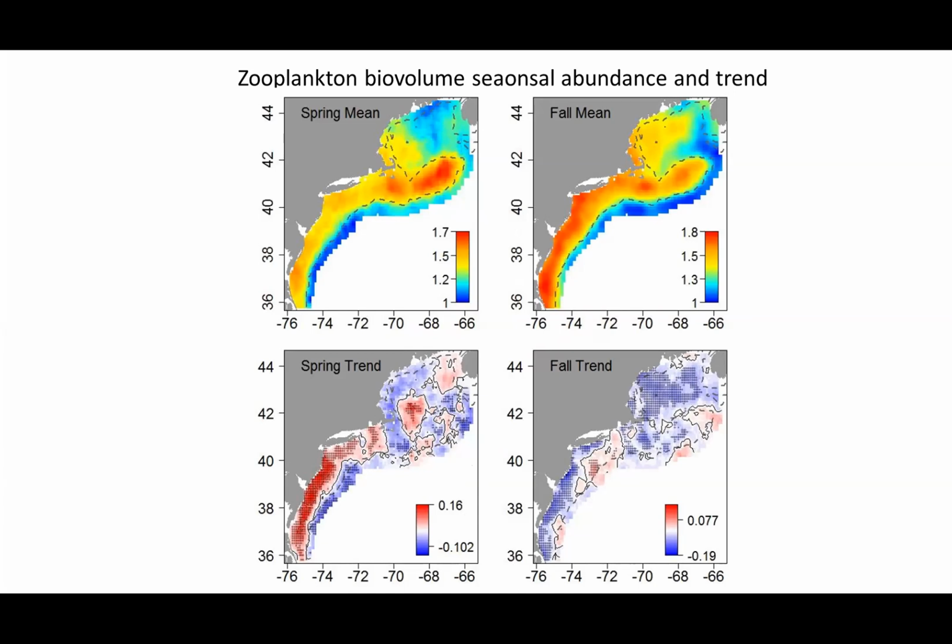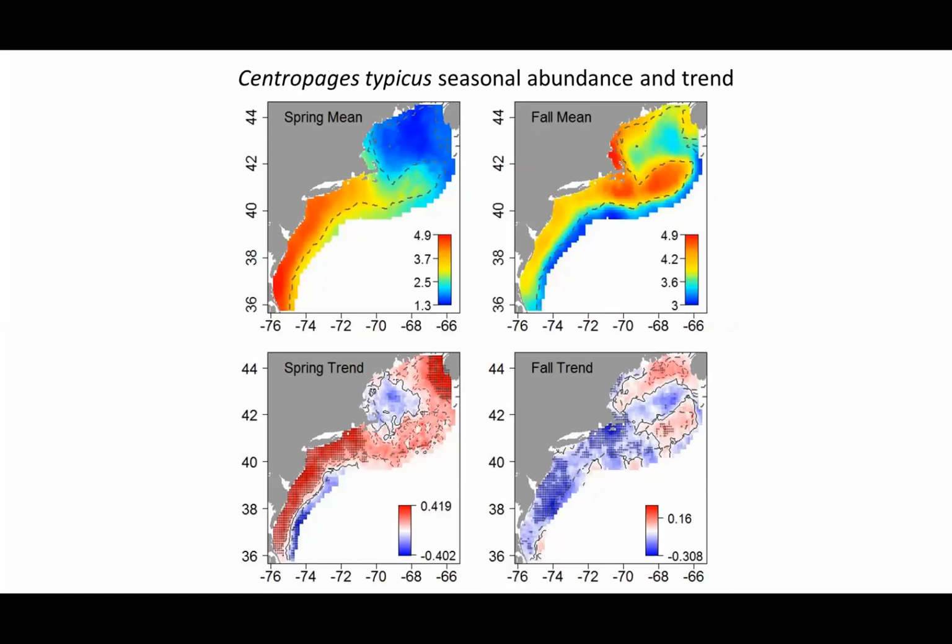However, in the bottom panels, spring trend and fall trend, these show that the change over time in these communities is spatially complex, and we have to be aware of that. This is one of the more important zooplankton taxa that occurs in the Mid-Atlantic Bight, Centropages typicus. Again, you see this pattern of seasonal movement and spatial change.